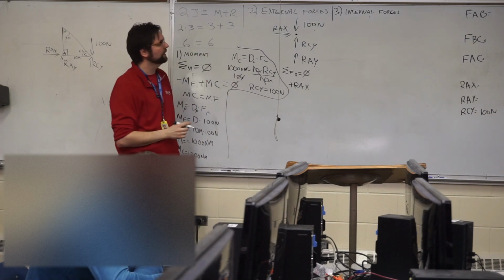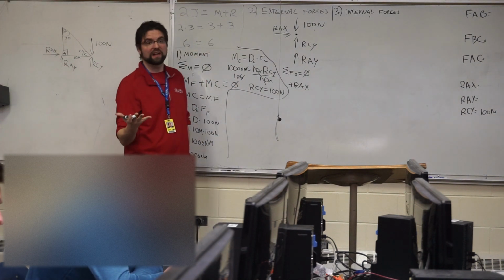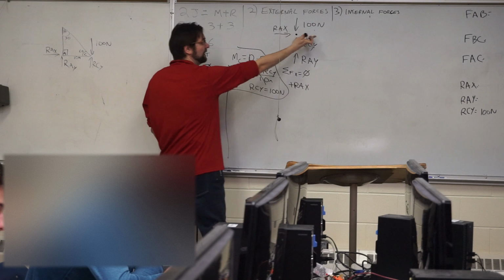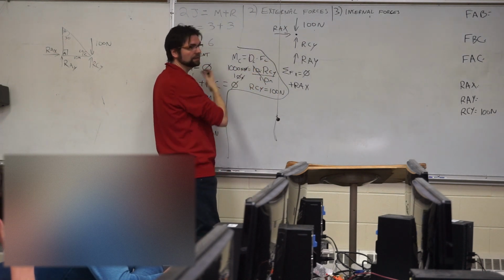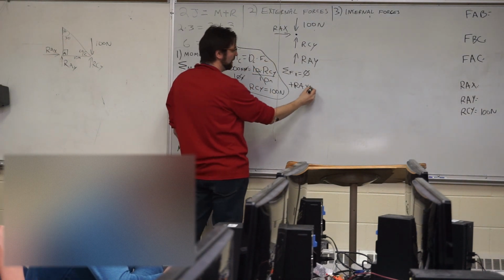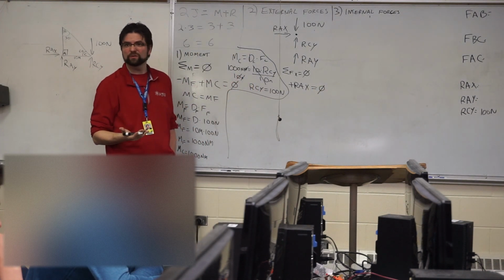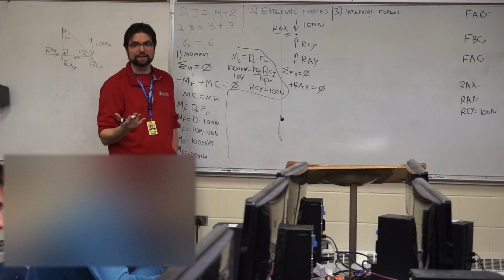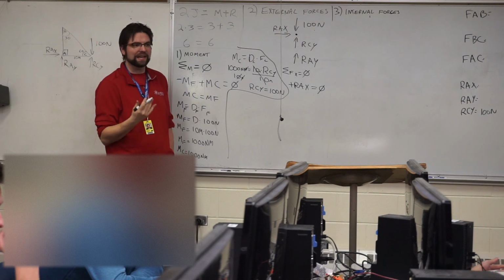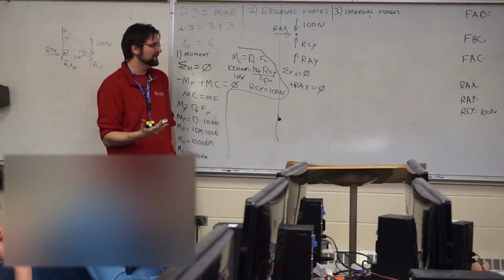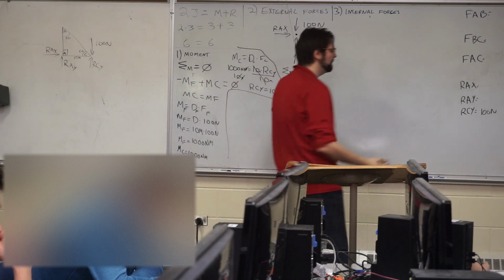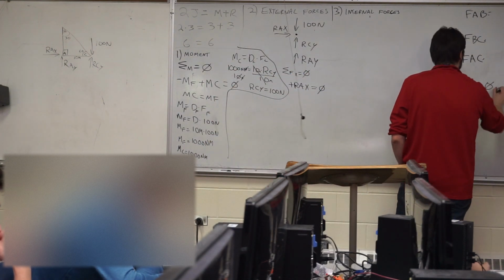What else is acting in the x direction? Nothing. Literally nothing. You don't see any arrows pointing this way. So then RAX must equal 0. I told you you're going to like that about statics, right? When things add up to 0, that sometimes makes the math really nice. So RAX is 0. Done. 0 newtons. Awesome.